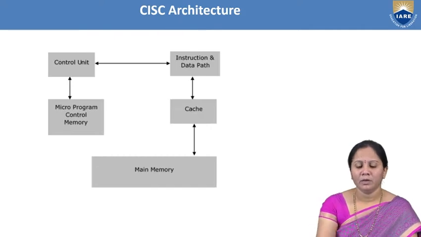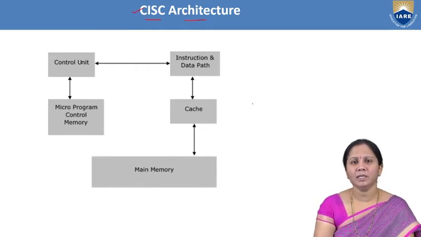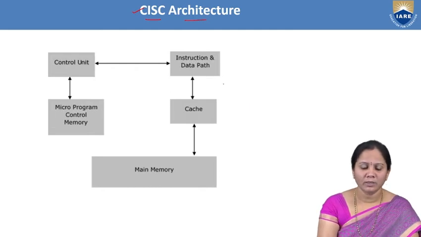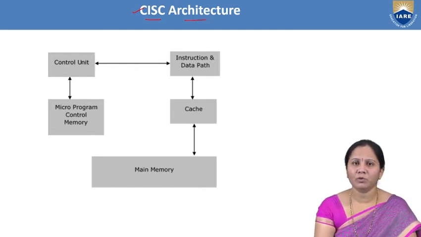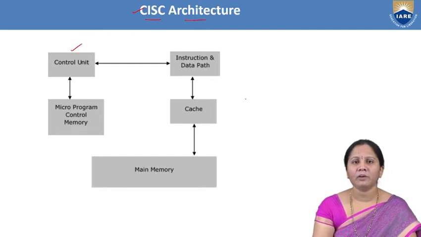Now, coming to the architecture, this is the architecture of the CISC processor. CISC stands for Complex Instruction Set Computer. Previously we discussed the RISC architecture, reduced instruction set computing, where we had a hardwired control unit.